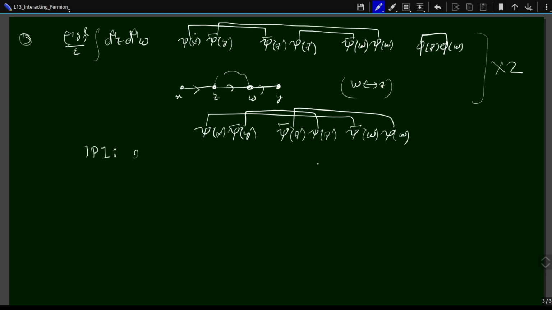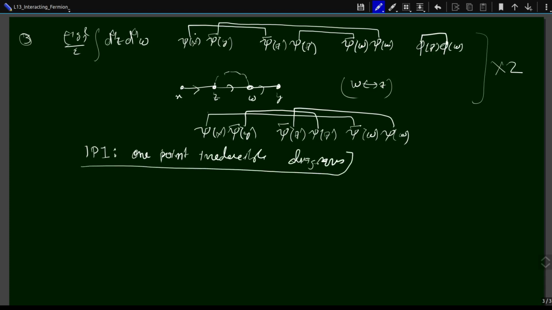1 point irreducible diagram. So what is the meaning of this? If I cut the diagram at 1 point, so to say, if I cut one of the legs, does this diagram fall apart into 2 pieces? This one does not, but example 2 does.